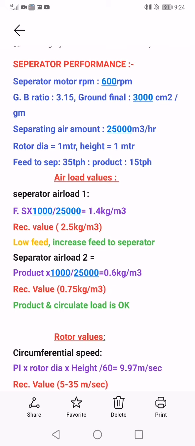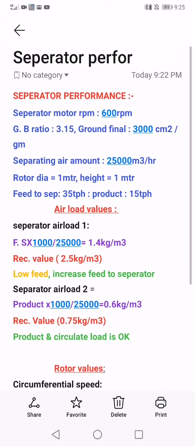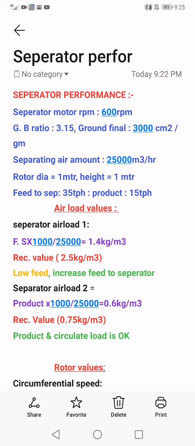In this separator air load 1, we take the feed to separator, which is how many tons per hour is going to feed to separator, 35 tph.